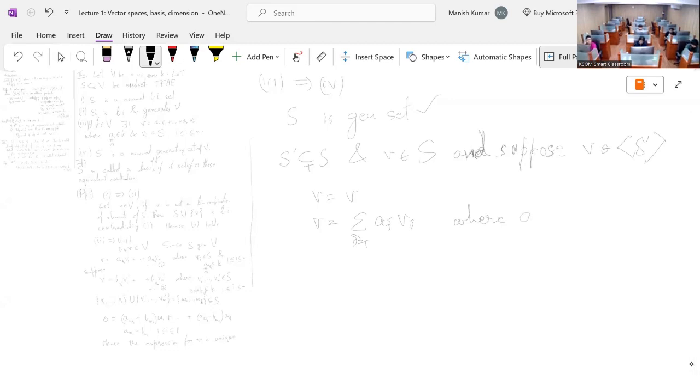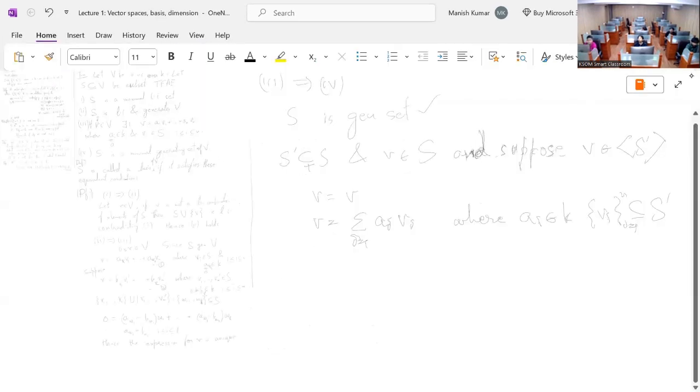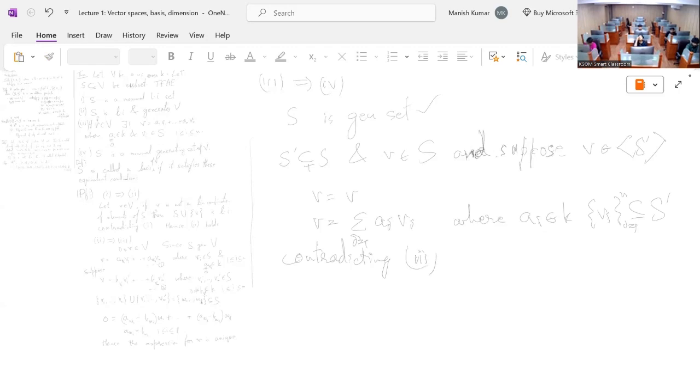Where a_i are in the field K and v_i, for i between 1 to n, are in the set S prime. Then it contradicts our condition 3, that is, the uniqueness of the representation of every element of V. So there are two ways an element of V, in fact an element of S, you have written.